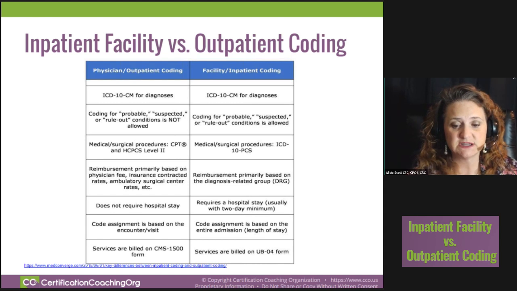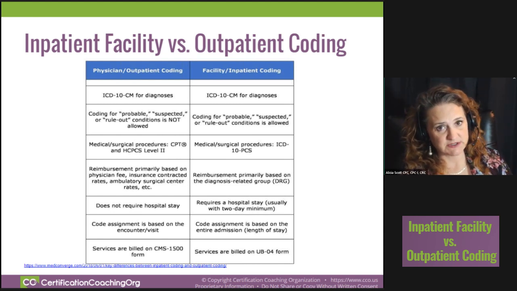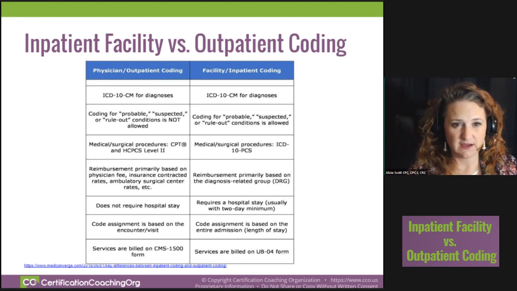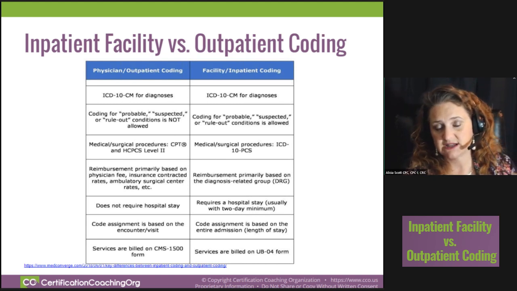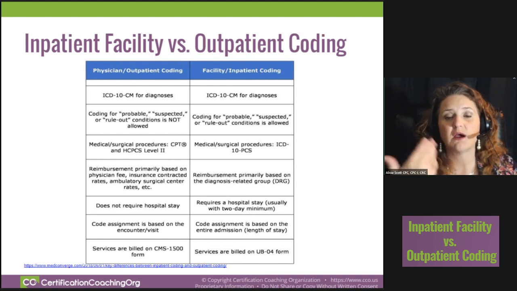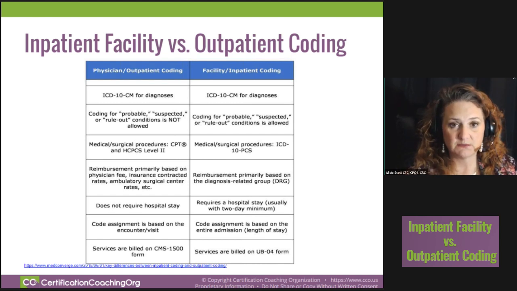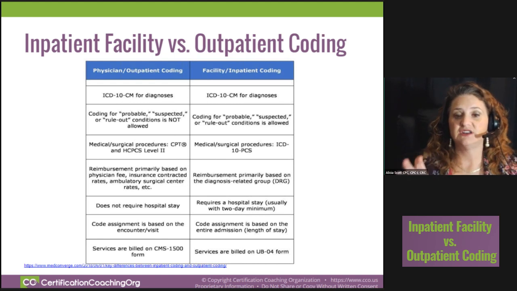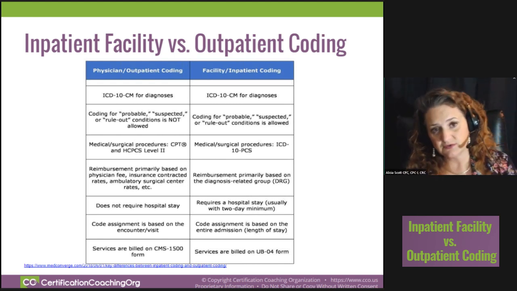So if a person comes in and the doctor determines that the patient has hypertension and they think they might have diabetes, so they're going to rule out diabetes, you're going to code for the hypertension and the signs and symptoms for diabetes, and then they're going to come back and you're going to code for the hypertension again because they're asking, how are you doing on your hypertension medication? And then if they confirm and give a diagnosis of diabetes, then you're going to be able to code for that.